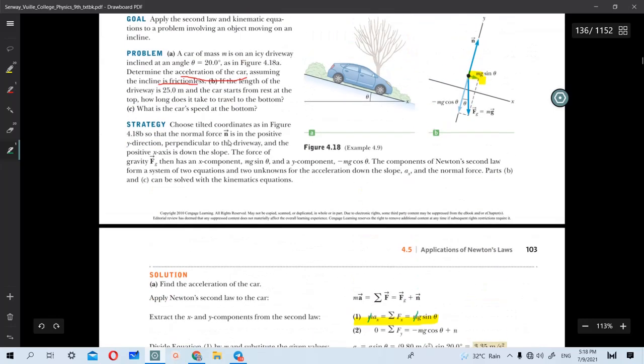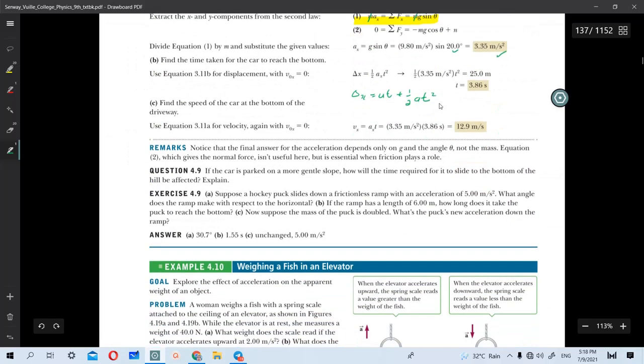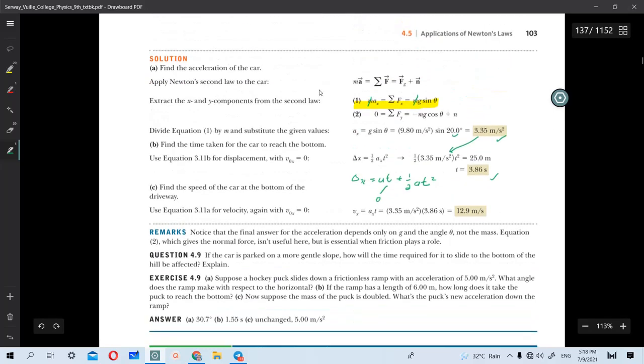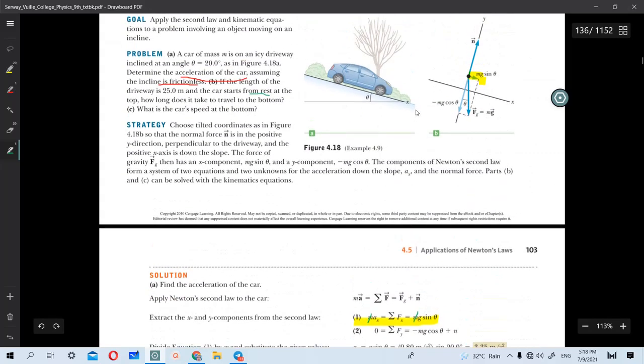In this question, it starts from rest, and that's the reason this is a zero product, leaving only half at squared. So a is the answer that you have seen earlier, and now you can calculate the time taken for the car to reach the bottom.